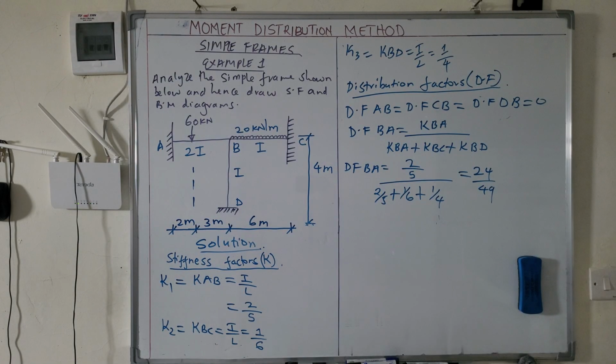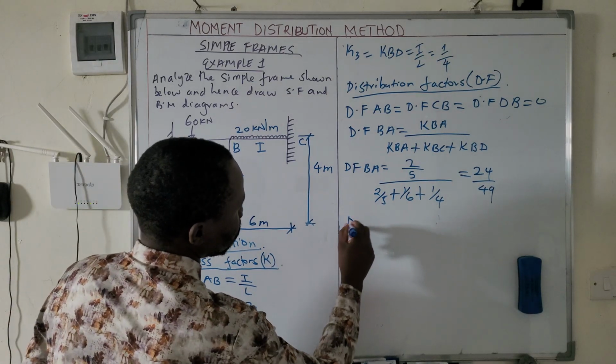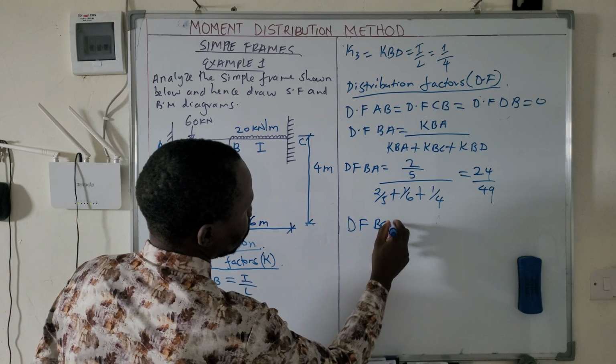You go to distribution factor BC, DF BC.